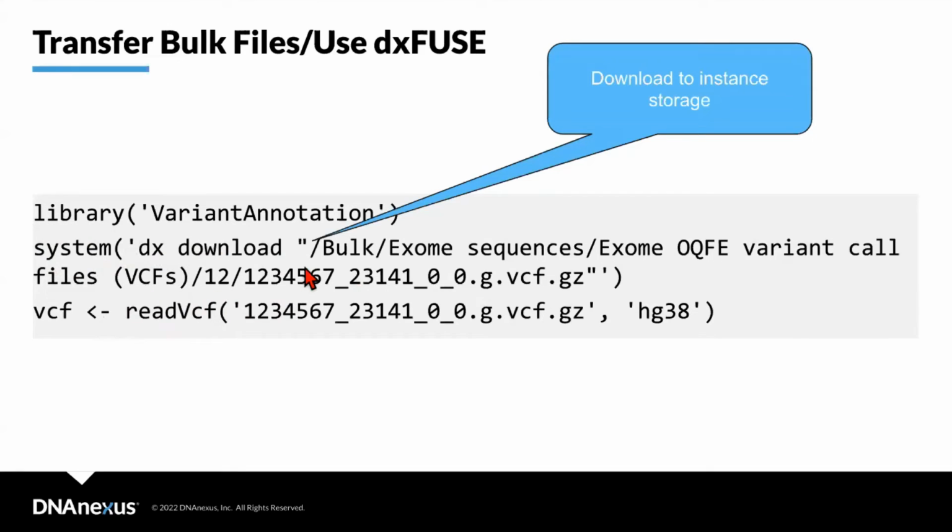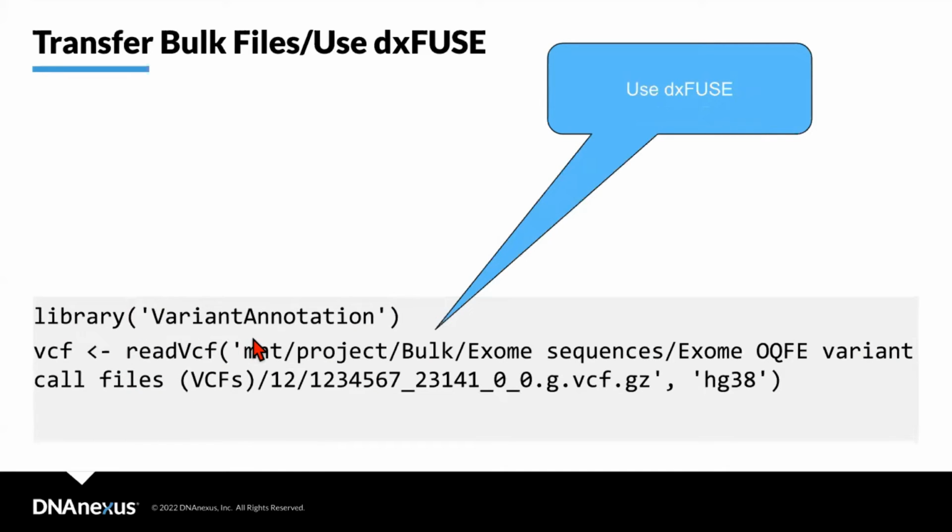I just want to note that you can see a really huge file path when we are downloading, but once the file is downloaded, it will be in the current working directory, so you will not apply this whole file path before.